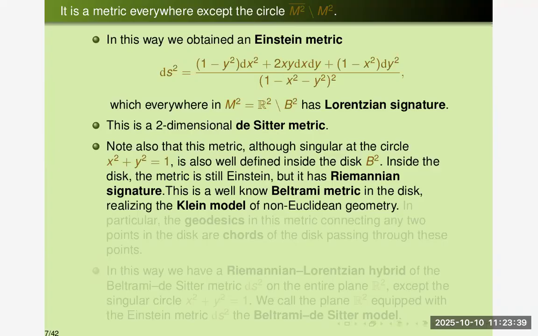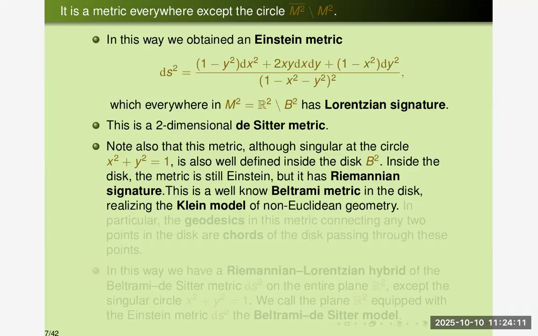If you just check the signature, it turns out that the metric has Lorentzian signature outside the circle, and it has Riemannian signature inside the circle. So on the boundary, it changes signature. It is degenerate on the boundary: some eigenvalue is 0, but when passing back, it's positive, and you get Riemannian signature. This disk with this metric.